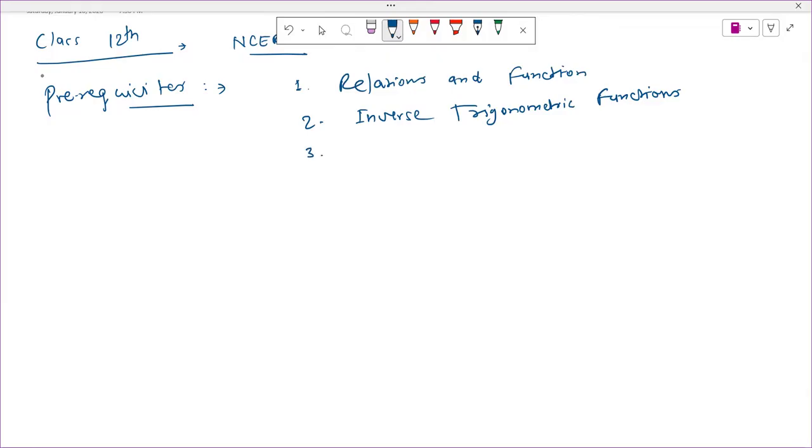Third one is matrices. Fourth is determinants. Fifth one is continuity and differentiability.